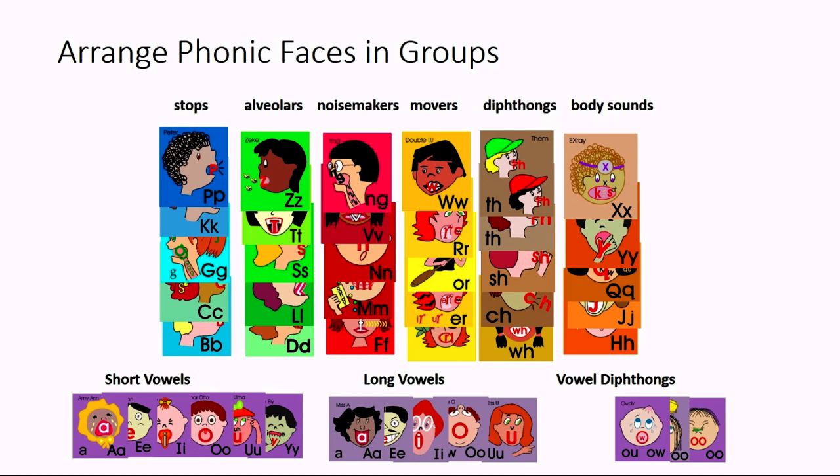Ow, O-W and O-U say, ow, she has the bump on his head, and you can see the lips starting out round and then ending up with that sort of W waving pattern. So he has an element of W in there. Same with aw, aw. He's bashful. Aw, aw. And oi, oi. He has a little piggy mask on, and he says oi, oi, oi. So those are the phonic faces, and this is the way that I lay them out for usage.